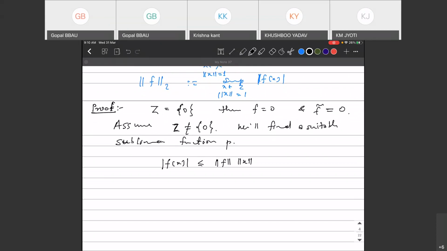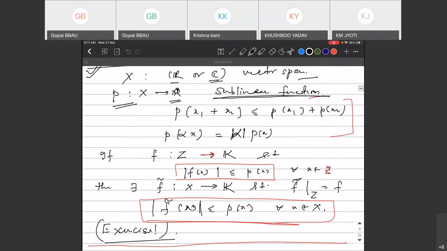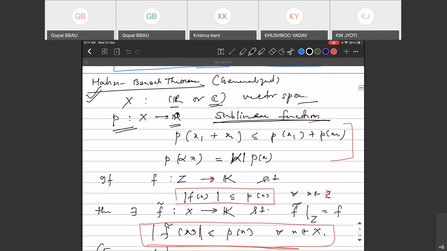And since f is defined on Z, this is true for x in Z, and we are taking the norm over Z. In the generalized Hahn-Banach theorem, mod of f(x) is less than or equal to p(x).